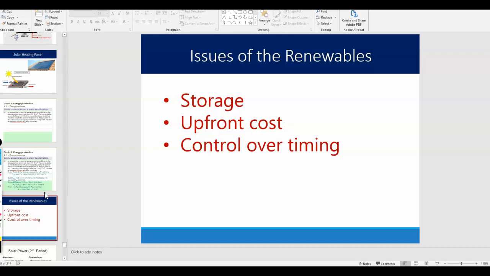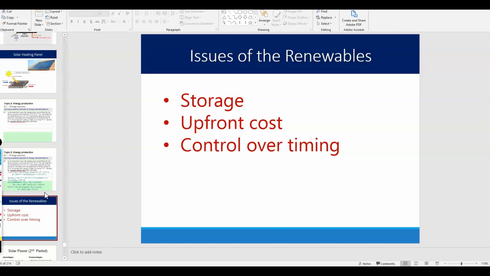The last thing I want to talk about is what are some disadvantages of solar energy, because the advantages are self-evident to most people. Some of the disadvantages are storage. You can't really store the energy produced by photovoltaic cells.